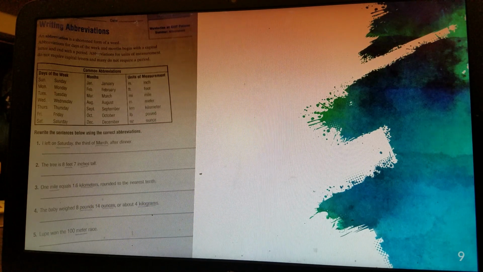Inches does not have a capital letter, but they use a period. Foot does not have a capital letter, but it has a period. Mile, it does not have either a capital letter or a period. Meters either, kilometers, pounds, and ounces. Pay close attention to the units of measure, okay?